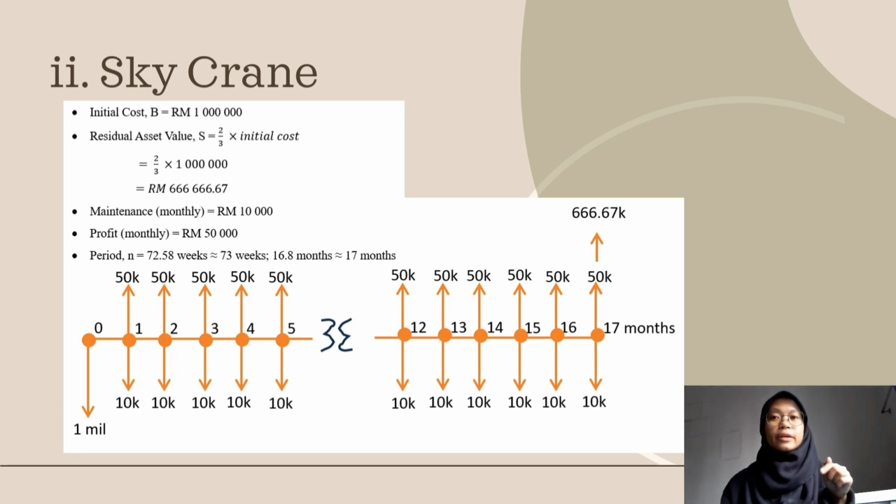The arrow pointing downwards means the cash out, which is the initial cost when the company buys the sky crane, 1 million ringgit, and also the monthly maintenance, which costs 10,000 ringgit per month.